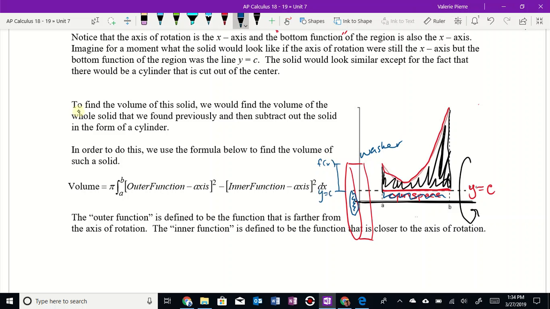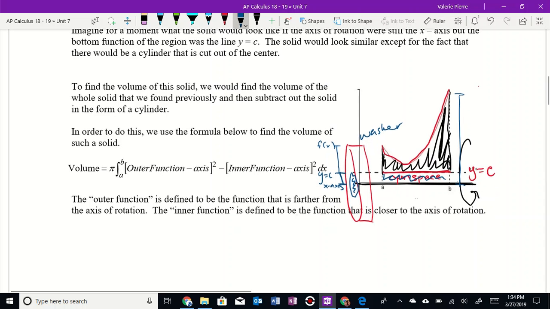And then we're going to subtract from that the space from our inner function, y equals c, to the x-axis.